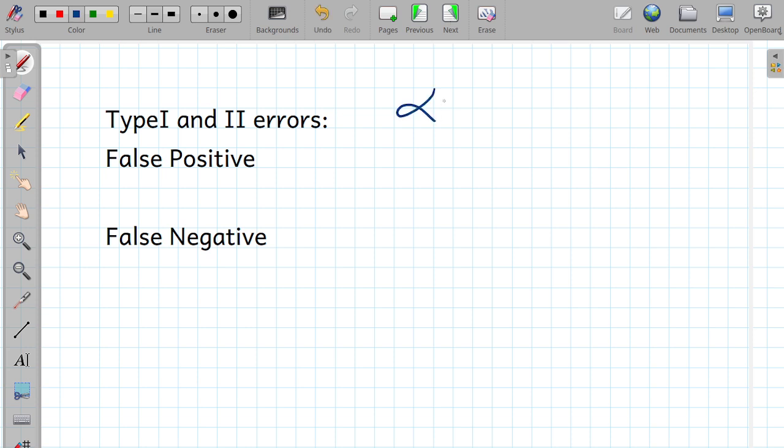How do I choose whether alpha is at 5%, alpha is at 10%, or alpha is at 1%? Because whatever you choose of these is directly going to affect the chance of either the false positive or the false negative. And if it's up to you to make this decision, you want to err in the direction of least harm.